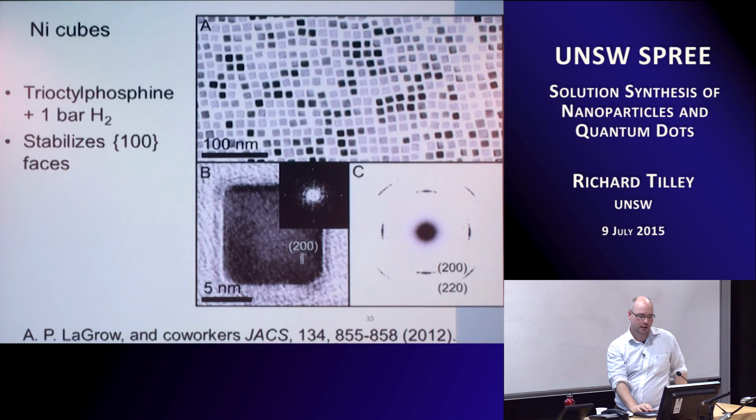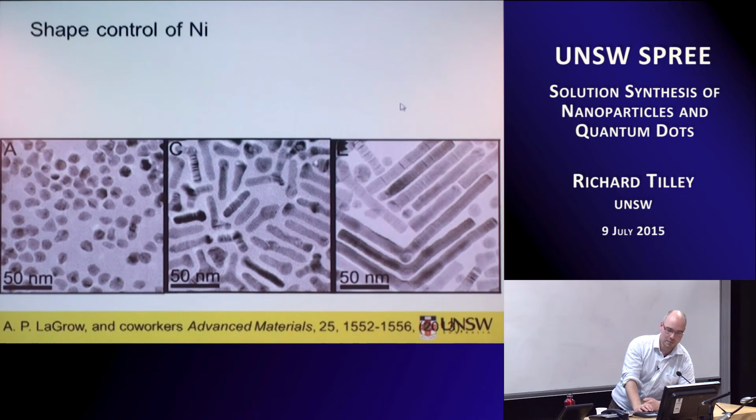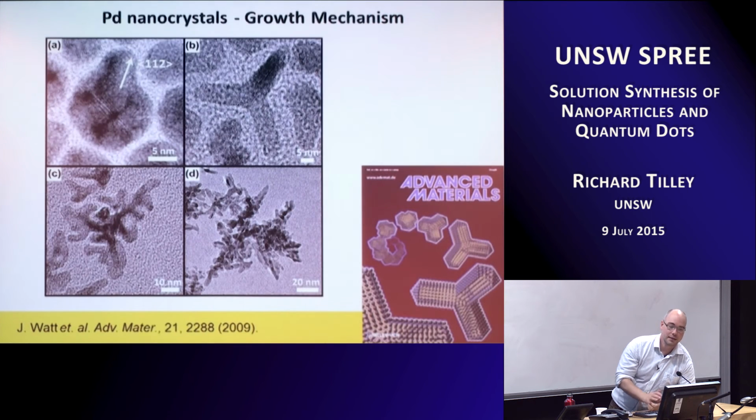And then this is a series of really, I guess, pretty pictures in terms of some different metals we've also made. So we had some fun making some nickel cubes. So these are nickel metal. As you can see, they're all very nicely monodispersed and nicely arranged. We made some nickel branch structures as well. We made some palladium branch structures.